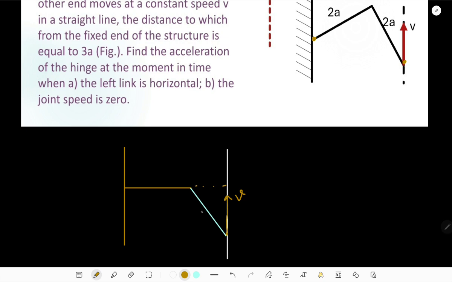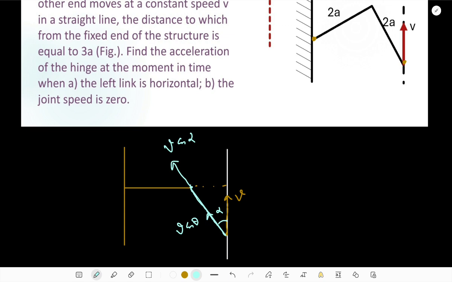And since this link is a rigid body, if I suppose this angle is alpha, then the velocity of this end is also going to be v cos alpha, because this end has the velocity v cos alpha.